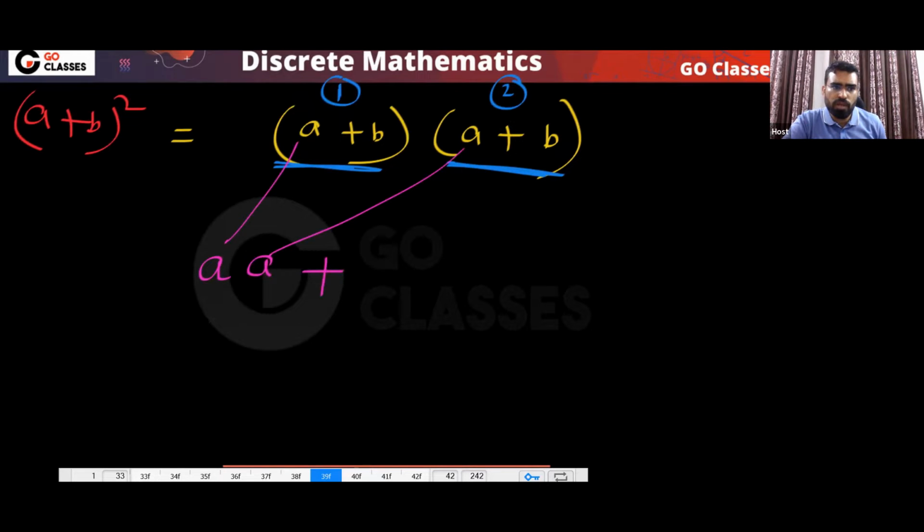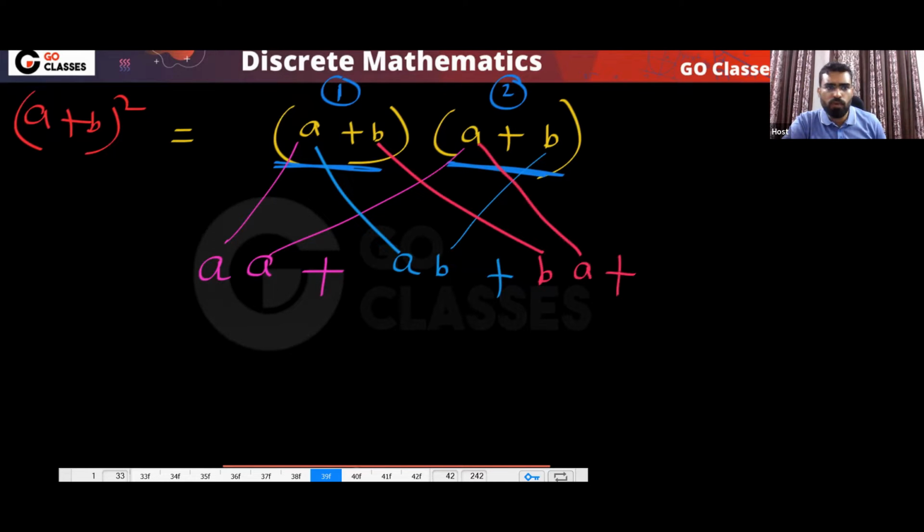Or from this 1 I can take a, from this 2 I can take b. Or from this 1 I can take b, from this 2 you can take a. Or from this 1 you take b, and from this 2 you take b. So this you will get.